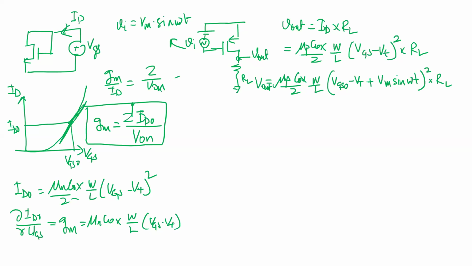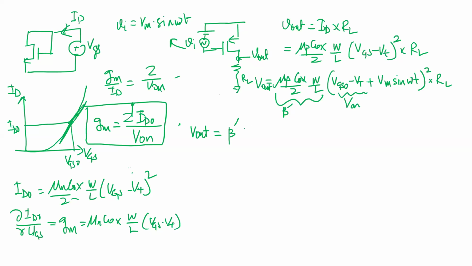It's a PMOS amplifier. Now I'm going to expand this. So let me call this entire term here as some quantity beta dash or something, okay? And this is obviously VD sat, right? And I'll call this V on for now, okay? And then I'll expand this. So if I expand this now, then Vout is equal to beta dash (V on plus Vm sine omega t) whole square.